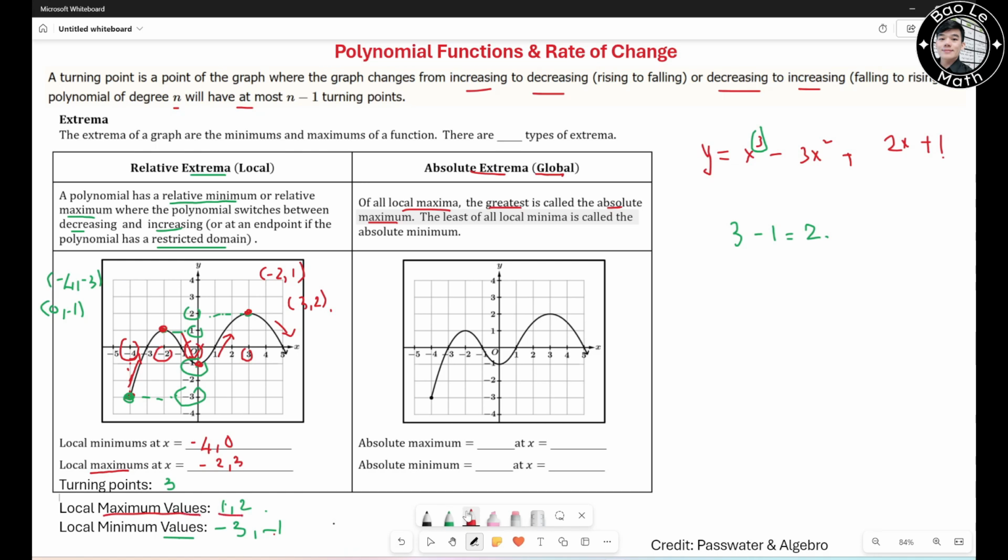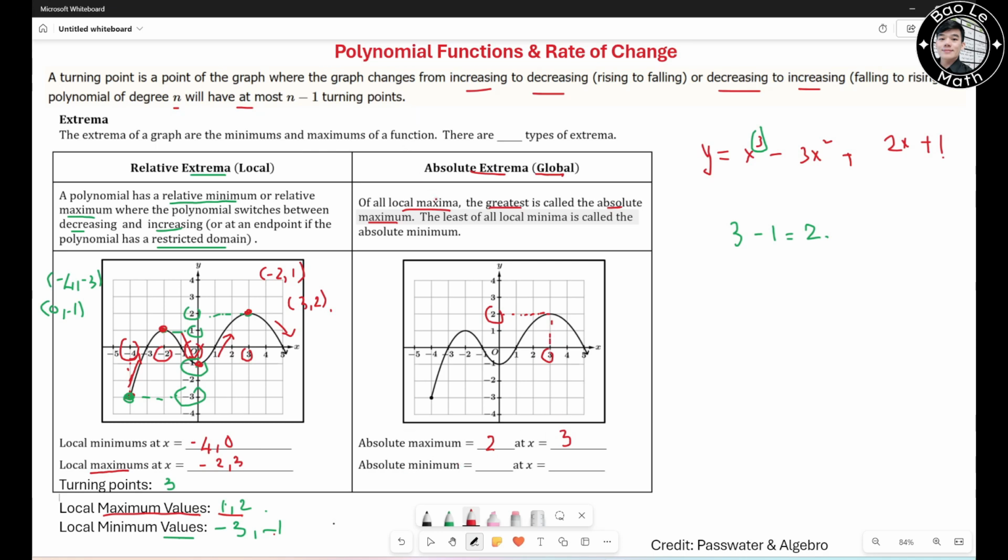Now, if they ask you for the absolute maximum, they are asking for the highest y value of the function. The highest y value of the function is going to be right here, 2, at x equals 3. So you need to be careful.